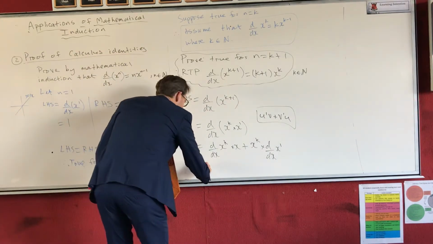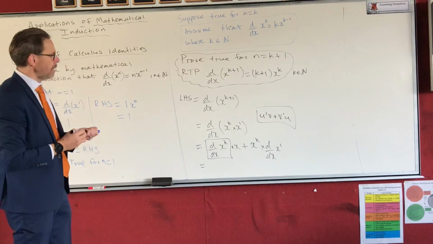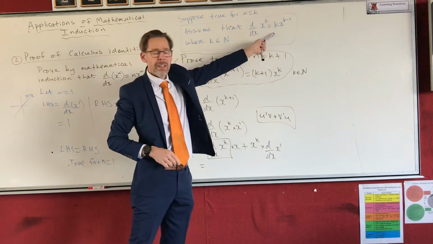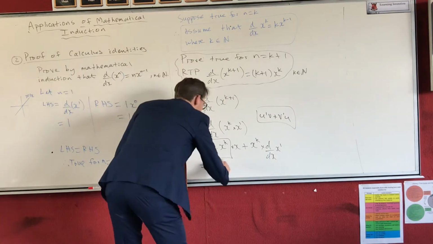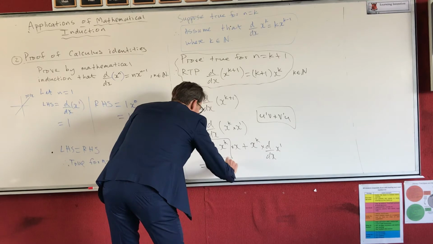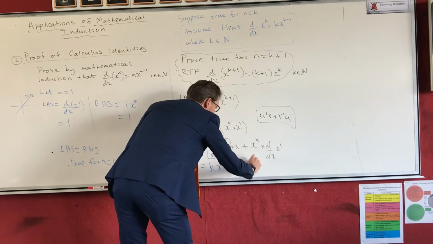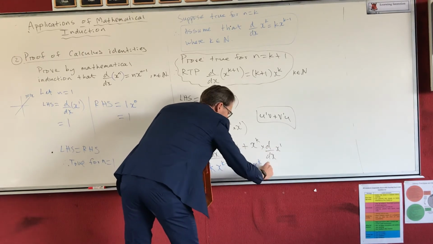Okay, so d/dx of x to the k is going to be where we use our assumption, which is here. So I'll put my assumption here, k x to the k minus 1 multiplied by x plus x to the k. Now we know the derivative of x to the 1 is just 1.